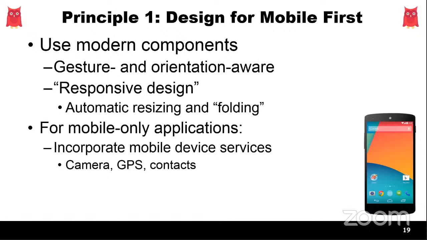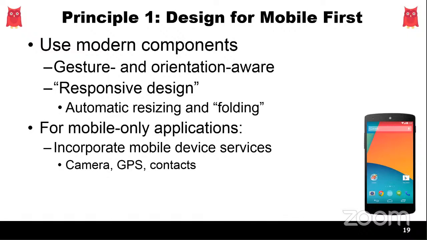But if you design for mobile first, you're going to be able to accommodate all of those. Plus, the users will have an experience that's more like what they see on their mobile device outside the business. So this is one of the reasons that we say design for mobile first.